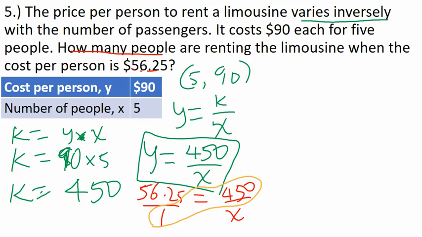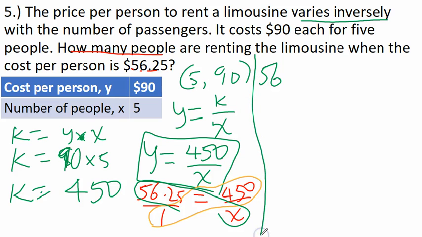Okay, so if I cross multiply this, it's going to give me 56.25 times x equals 1 times 450. And so we divide both sides by 56.25.